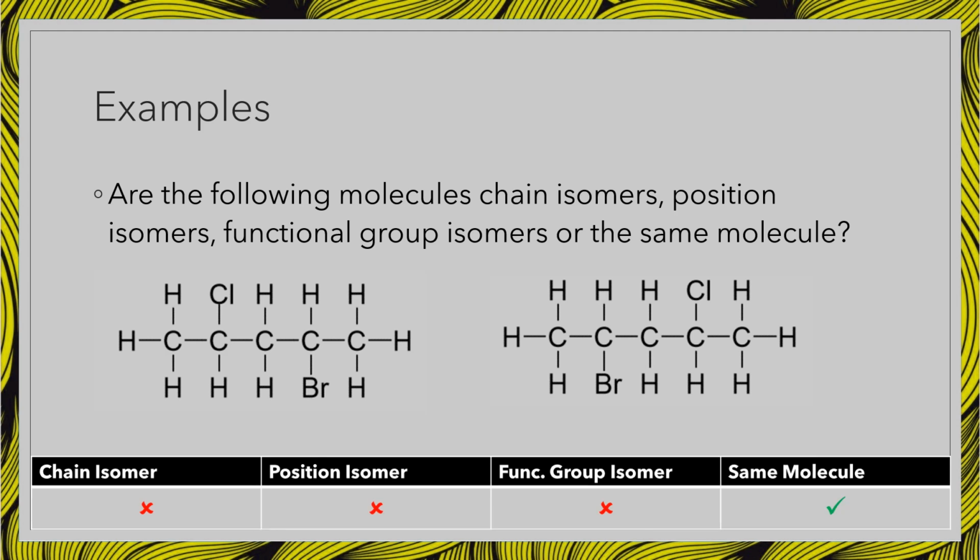The chain is the same, the positions are the same, the functional groups are the same. So they're not any of those isomers. They are the same molecule. It's just a mirror image. If you take the one on the left, pick it up off the page, flip it over and put it back down, you'll get the one on the right. And that's how we know.